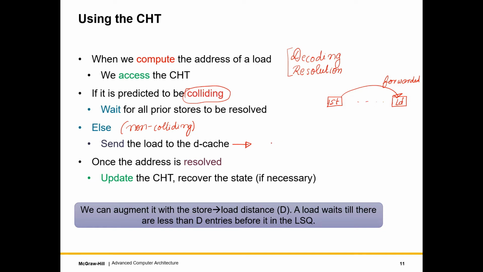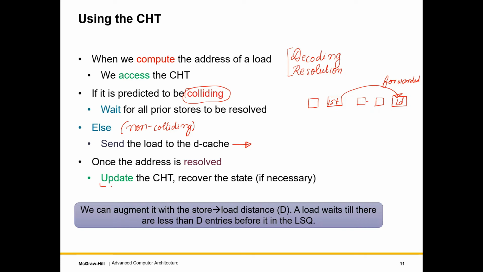Once the address of the store in consideration is resolved, or if you don't know which one, once the addresses of all the stores before the load are resolved, the entire state of the store queue before the load is known, and we are in a position to see whether there is a collision or not. If any of these addresses match, then there is a collision, else not.